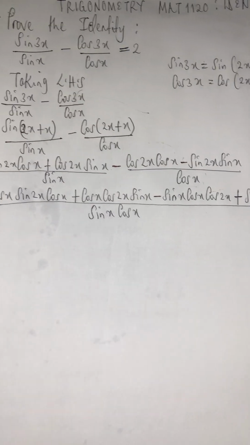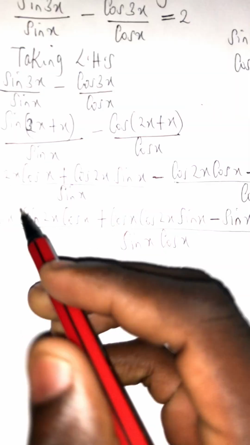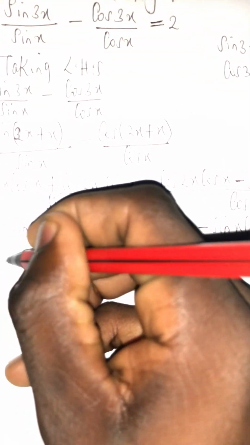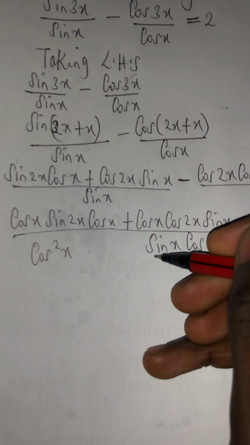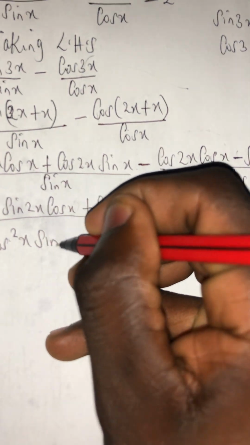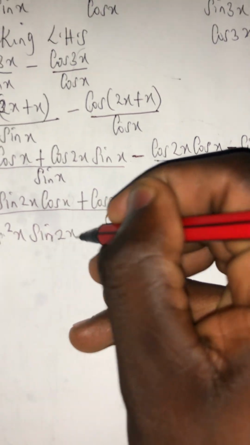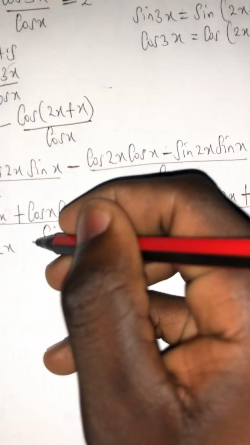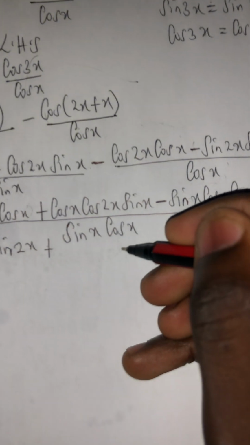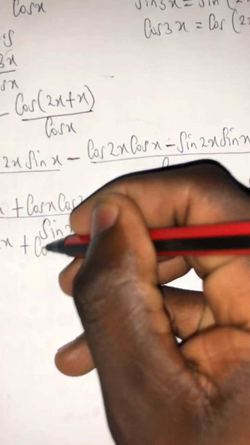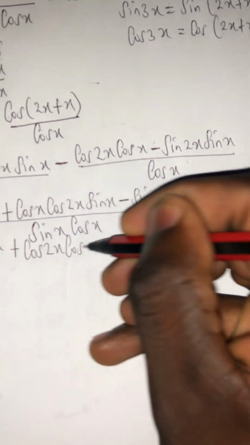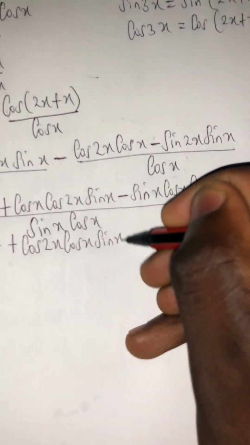Alright, so I can do something here. I can multiply cos x by cos x there. So this will be equal to cos square x, then multiplied by sine x. This will be maintained, sine 2x. Then here I can just rearrange this by saying plus, I can start with cos 2x, then I have cos x sine x.